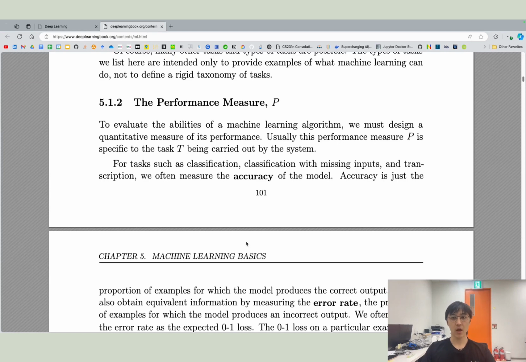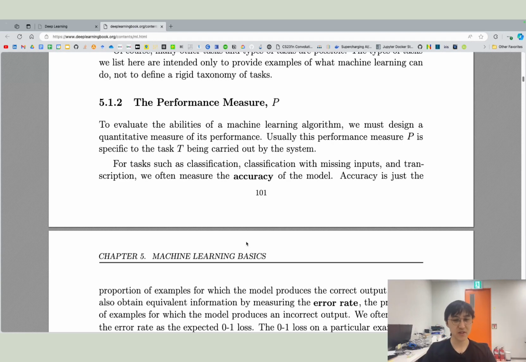For example, if your model is doing one task and you are not measuring the performance at that task, but you are measuring some wrong thing, then your model will not improve.